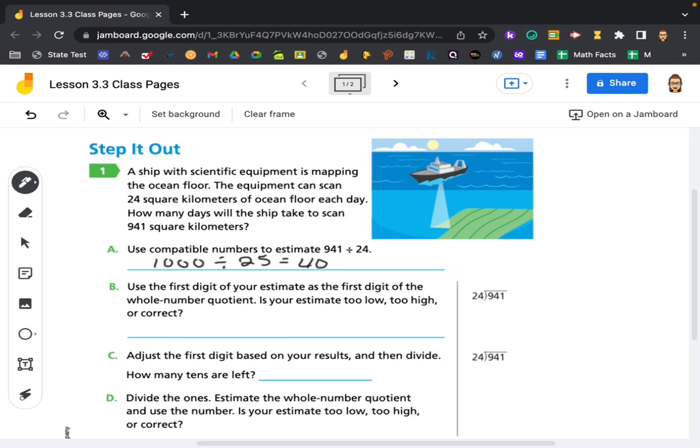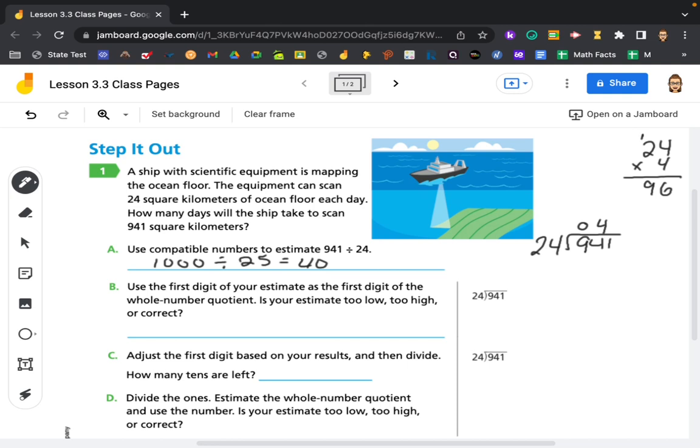So I'm going to say that it doesn't go into 9. Well, first of all, I'm going to rewrite the problem. So we're going to put it up here. 94. So it doesn't go into 9, and then it goes into 94 4 times. Well, 24 times 4, we get 16, and then we get 9.